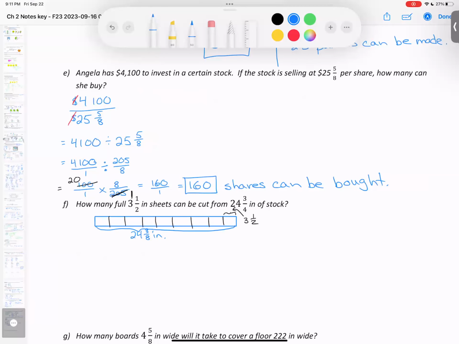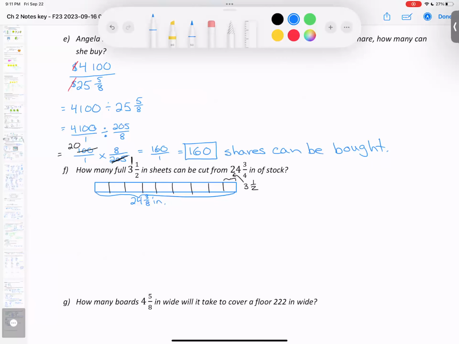So that means this is going to be a division problem. So we're going to get our total number, which is 24 3/8, and we want to divide that by the 3 1/2. So our inches are going to cancel. Let's rewrite this with the divide symbol: 24 3/8 divided by 3 1/2. And now let's convert those mixed numbers to improper fractions.